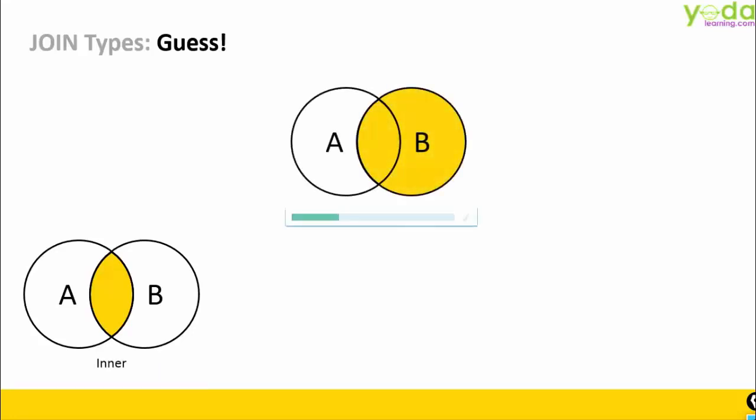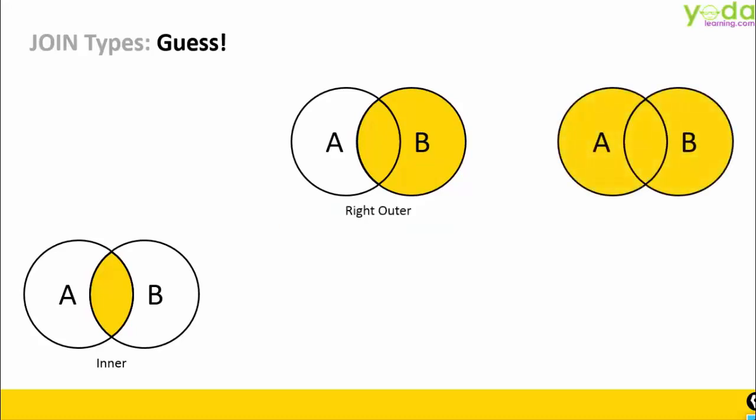So let's move to a quick recap. Let me allow you to guess by looking at the two circles what join type it would be relating to. I'll give you three seconds. Yes, this is inner join. Next. Correct. Right outer. Next. I know this is easy.